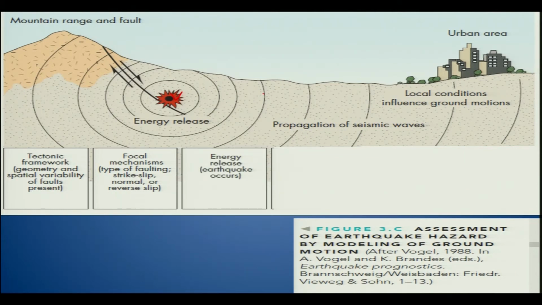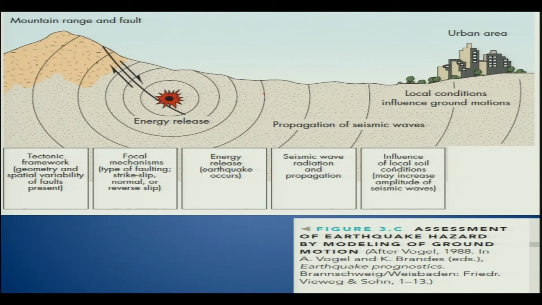Energy is released, that is, the earthquake occurs. At what depth the earthquake has occurred is important. Then seismic wave radiation and propagation: depending on the location at which your earthquake has occurred, the seismic waves are likely to propagate towards your site of interest. And then the influence of local soil conditions, which is important, may increase the amplitude of seismic waves.